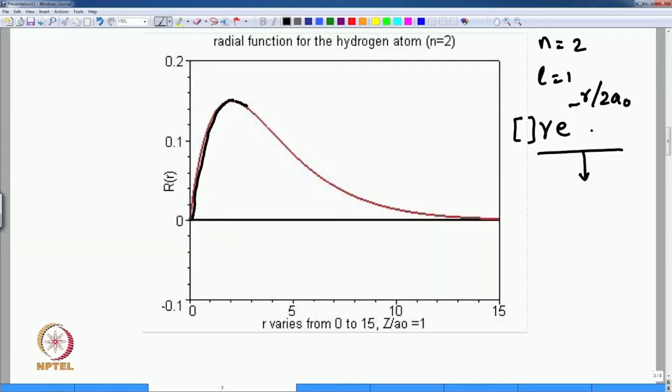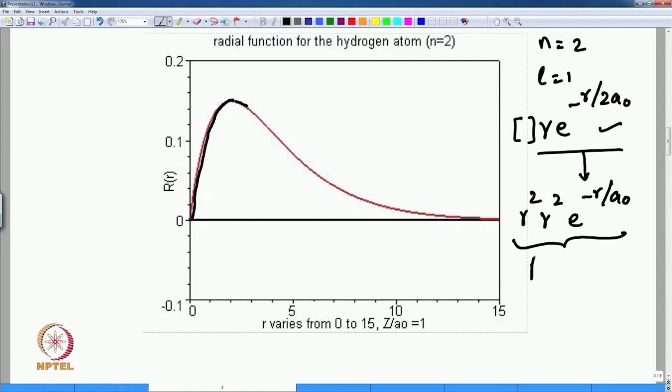This is the radial function for n equal to 2, l equal to 1, and the radial distribution is r square multiplied by the square of this function, which is again another r square, and e to the minus r by a naught.